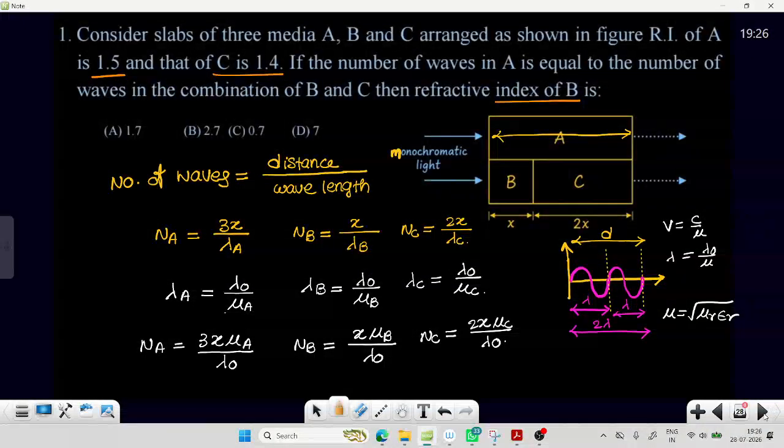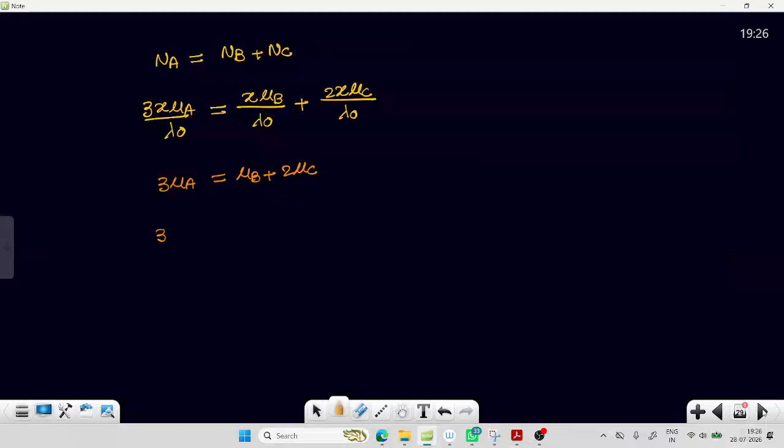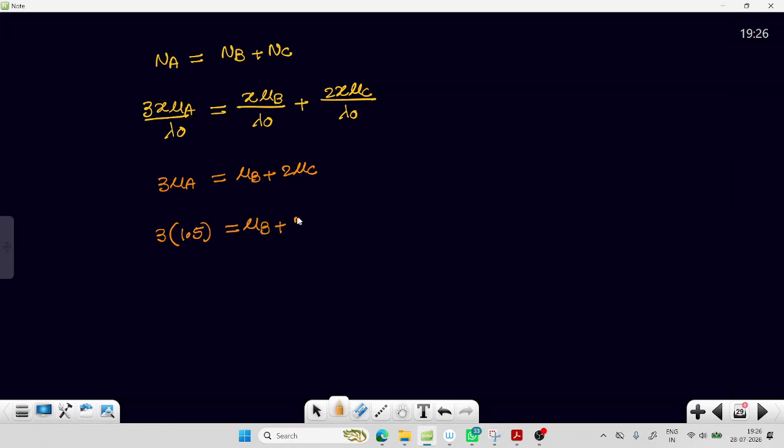We can substitute now. A is 1.5, so 3 times 1.5, and B value we need to get, plus 2 times C value 1.4. Simplify, get the mu B value.